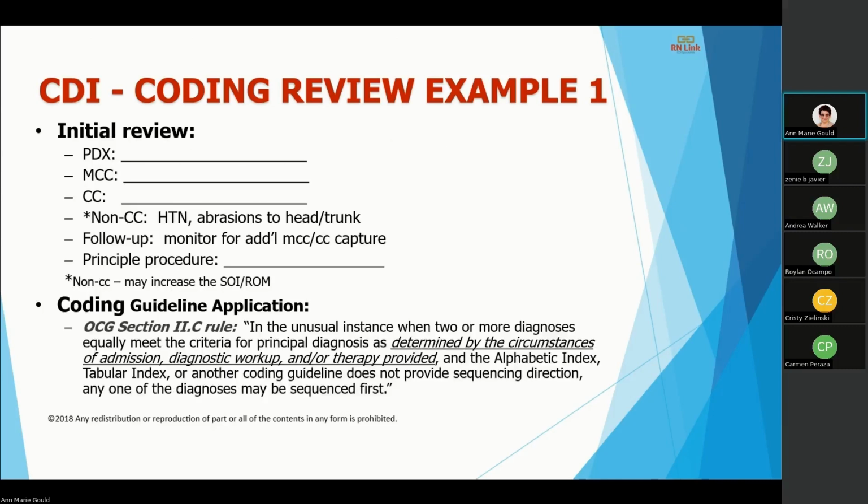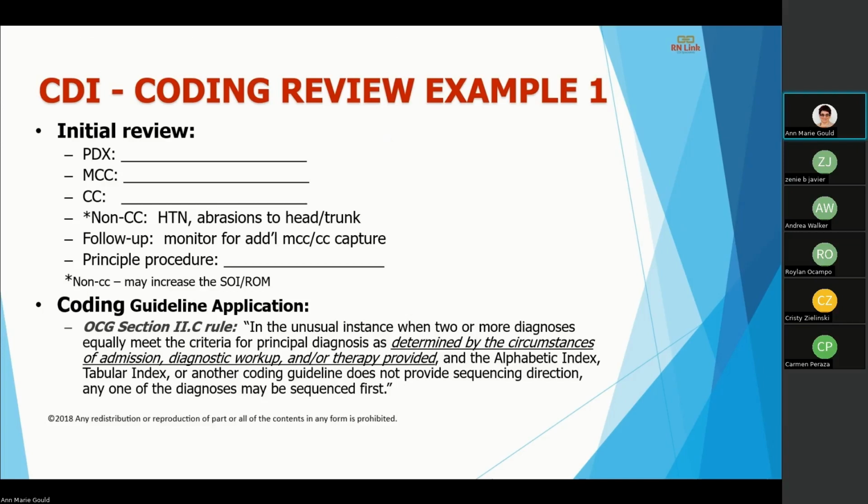So our initial review, the PDX would be your traumatic subdural hemorrhage. Your MCC, of course, with the imaging, they had a left pneumothorax. And then they also noted multiple rib fractures as a CC. But then your principal procedure would be for the left pneumothorax, the thoracostomy that was performed.